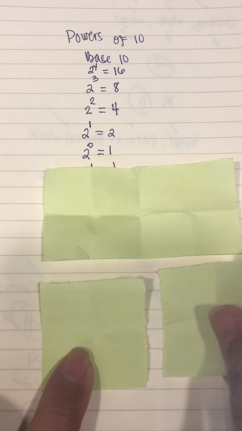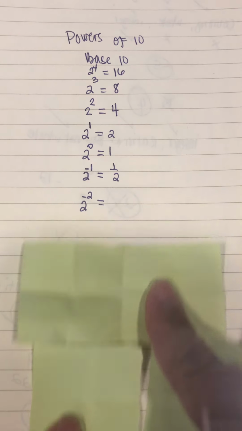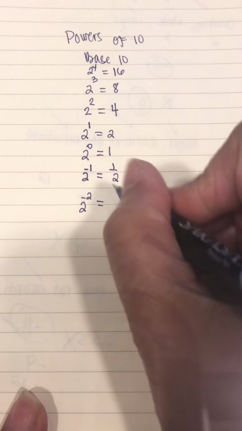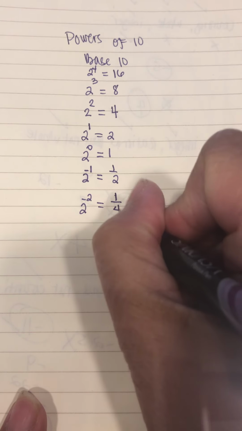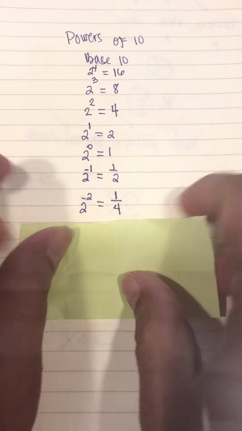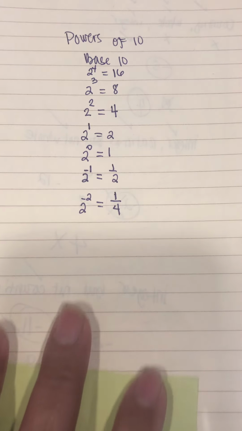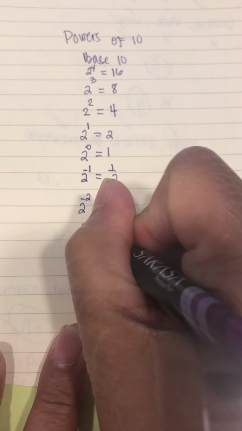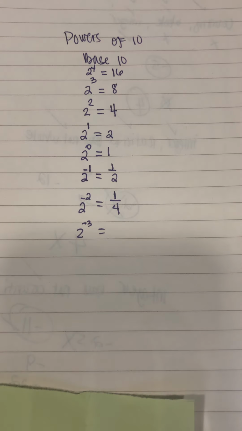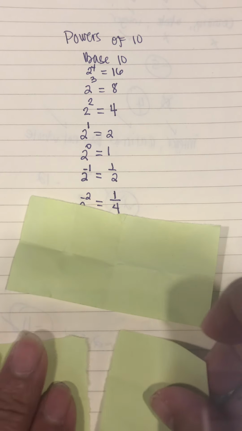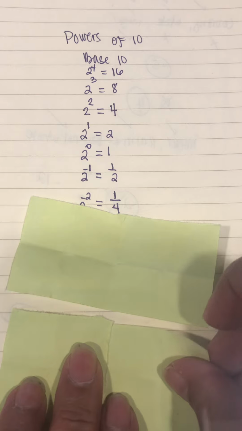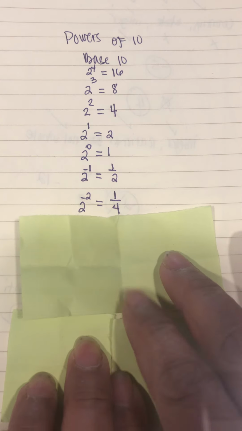So my result is actually 1/4 of the original piece. Okay, now we'll do 2 to the -3, and we'll just stop right there. So if I have 2 to the -3, that means I would have to do 3 cuts.